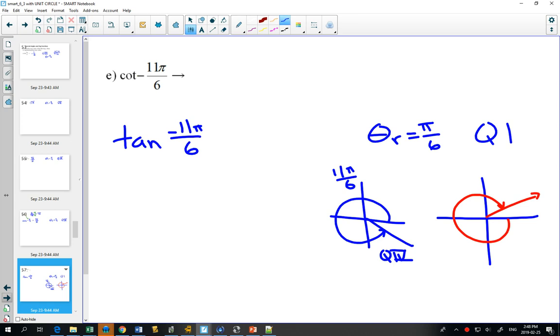So I often think that way when I'm thinking in negative angles. I'm like, okay, I'm just going to go 3 quadrants in the negative direction. Oh, that would be in quadrant 2. 4 quadrants in the negative direction? Oh, that would be in quadrant 1. Now that I know that it's in quadrant 1, pi over 6 family for tan is root 3 over 3.